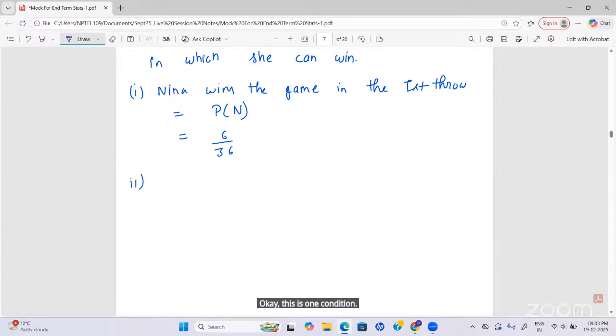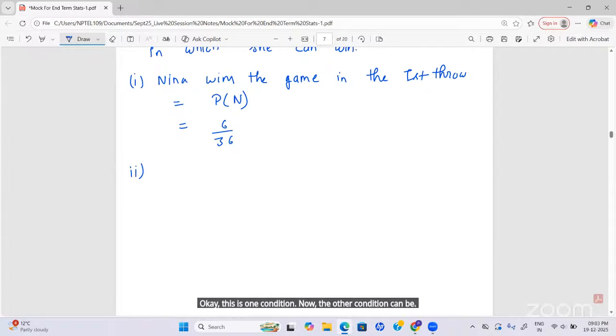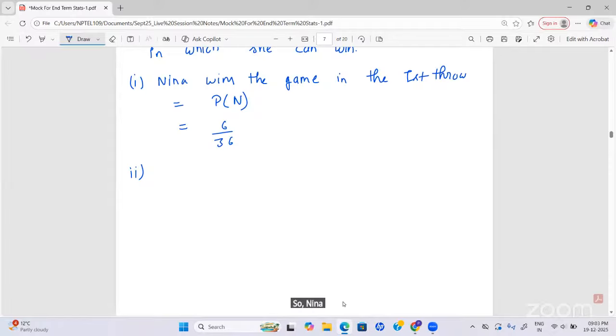Now the other condition can be that Nina wins the game at the third throw, because the second throw will be for Sam, so she cannot win at the second throw. Is this clear to everyone? Yes, ma'am.